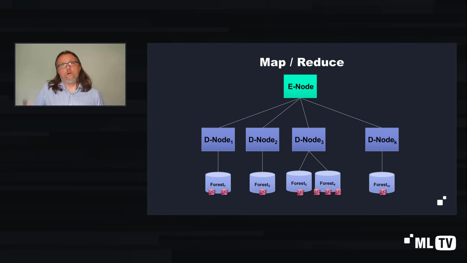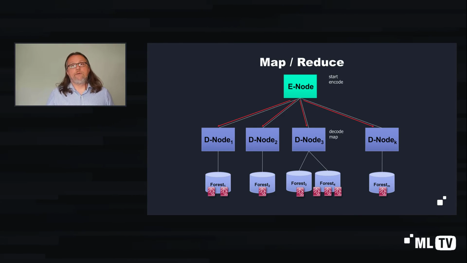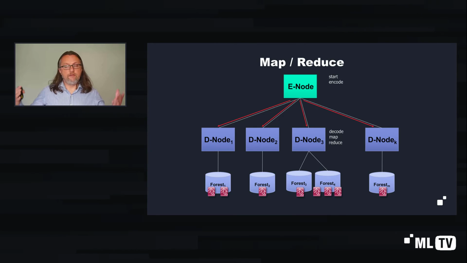So when we're executing these queries, we start on the E node, and we encode the message to the D node and send that out to all of the D nodes. They're going to decode that message, run the map operator on every stand, and then they're going to reduce the information from those stands.